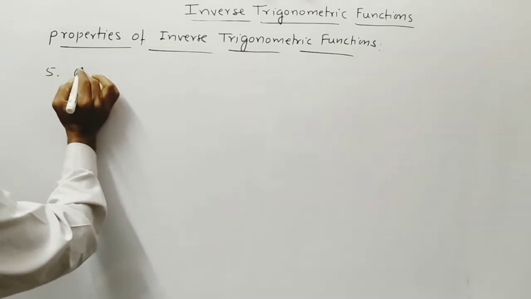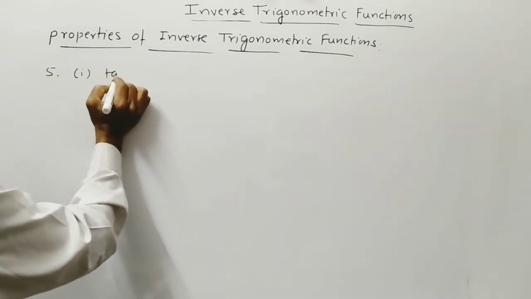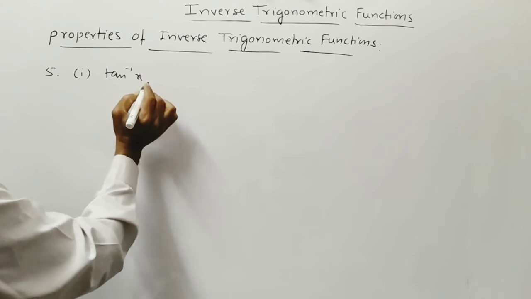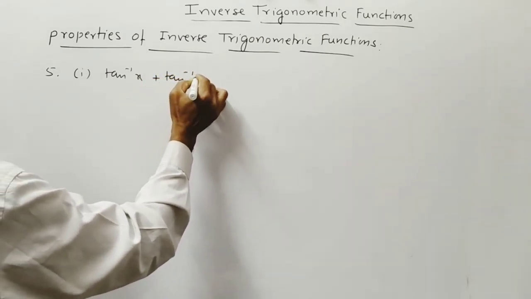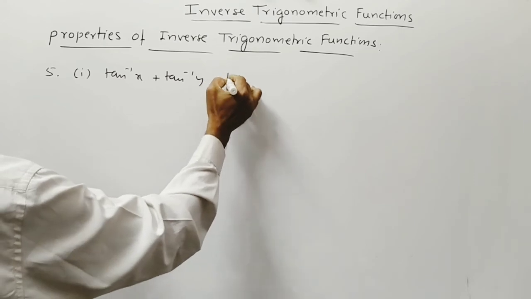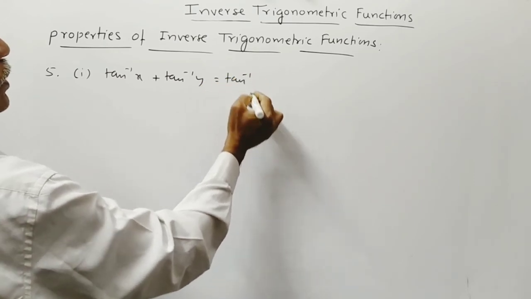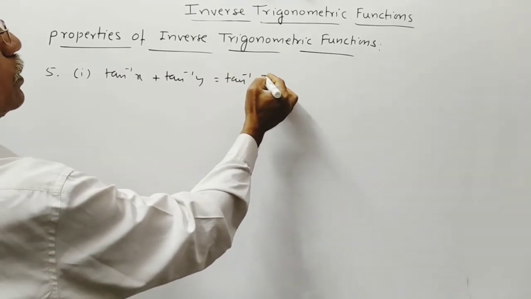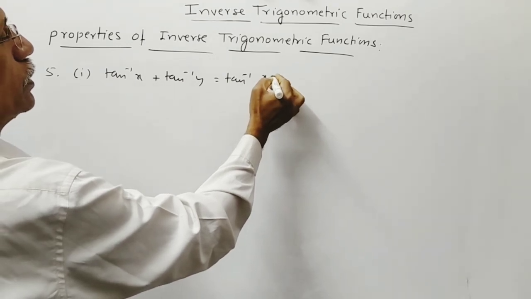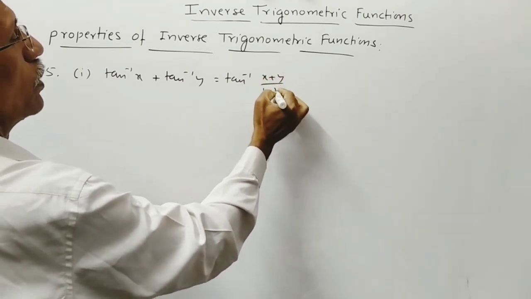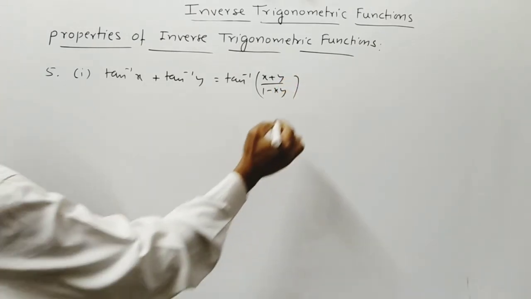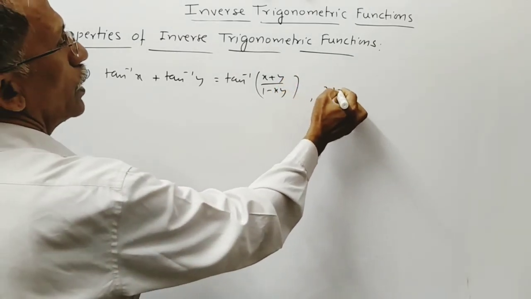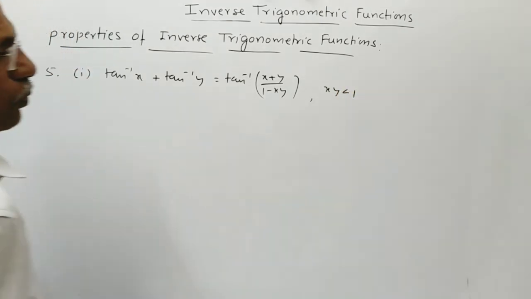Next set, tan inverse of x plus tan inverse of y is equal to tan inverse of x plus y divided by 1 minus xy, when xy is less than 1.